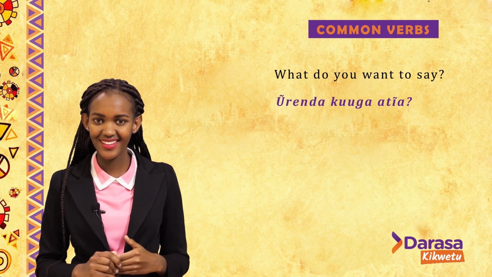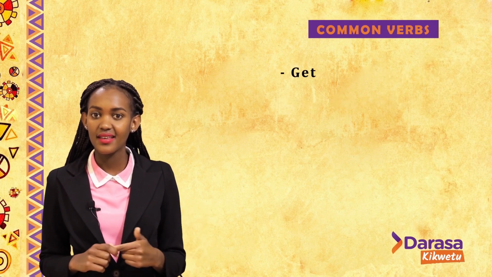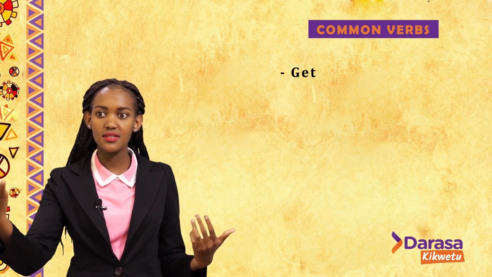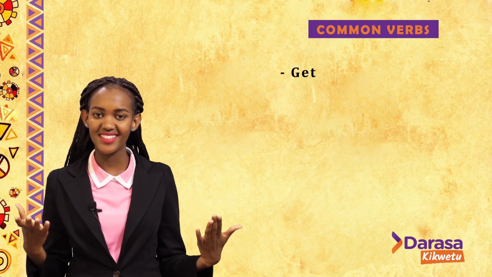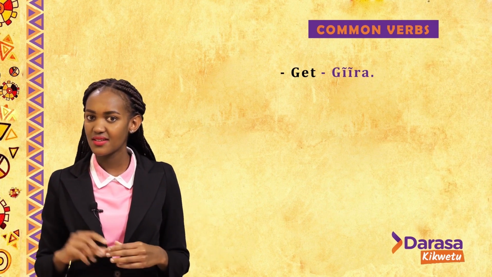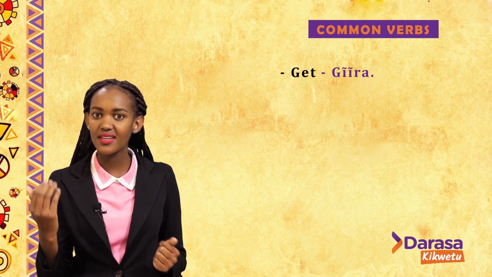Are we together? The next verb is get. And I mean get, like go get something. In Kikuyu, get is gera.